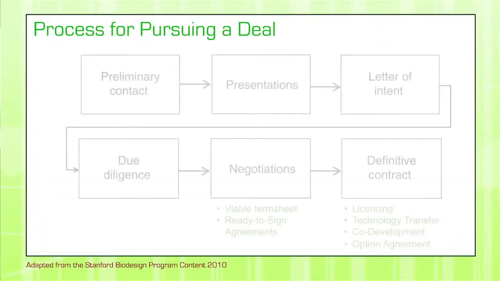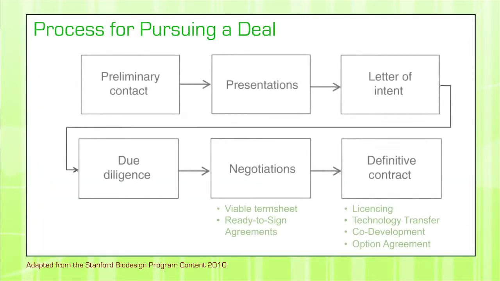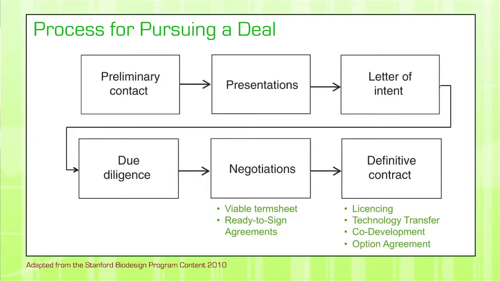In pursuing a deal related to technology transfer, a licensing agreement, or co-development, it's very important to move along this pathway. First, try to do a preliminary contact with whoever your licensee might be. After that, try to convince them with a presentation or any other information exchange.